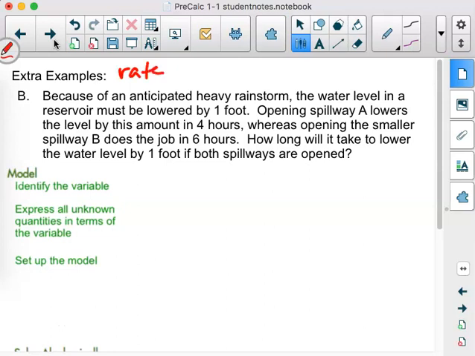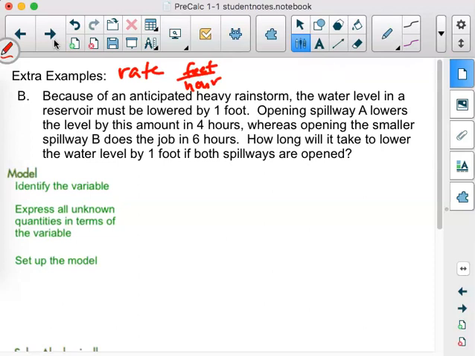Part of the reason we want to do that is because we've already gone through the rest of the section and we see that this is built on fractions and solving equations that have fractions in them. A normal rate for us would be like distance divided by rate equals time. Those types of rates we've worked with before. But in this one, I see that what they really want to do is lower it feet per hour.